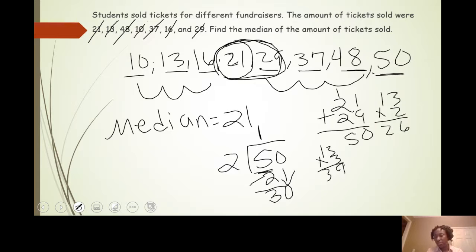So I would yeah, because 12 times 2 is 24. Yeah, so I would have to use 26 because that's the closest without going over.